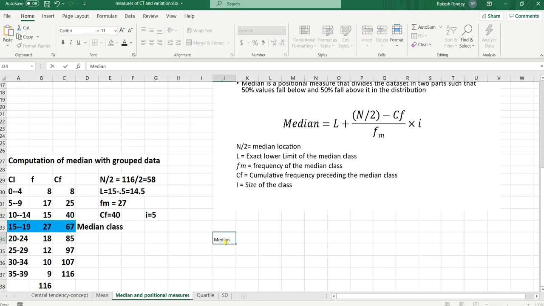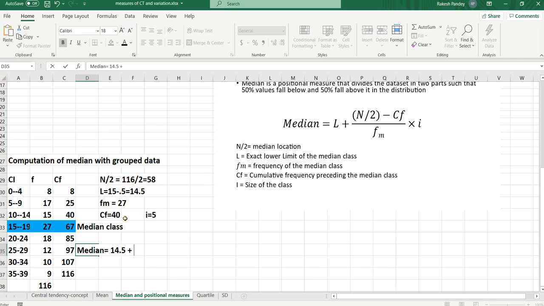Median is equal to, I am writing it here so it will be a little bolder and more visible, 14.5, where L is the exact lower limit, 14.5, plus n by 2, which is 58, minus CF, 40.